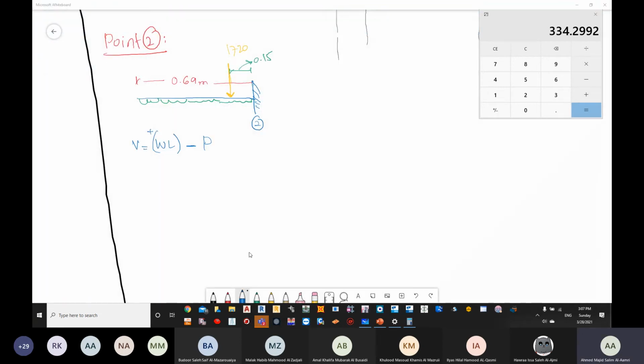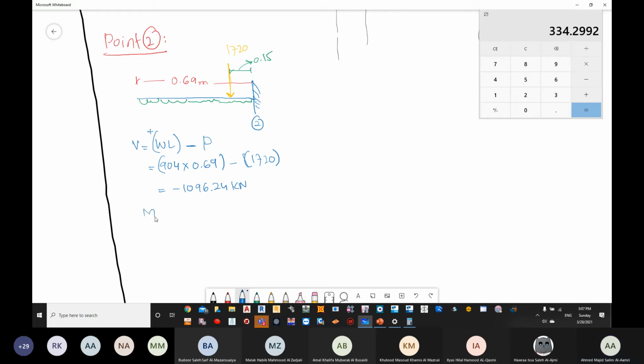So we have WL for the UDL minus P for the point load. W is 904, my distance is 0.69, minus 1720. Can you give me this value? It goes as minus 1096.24 kilonewton.